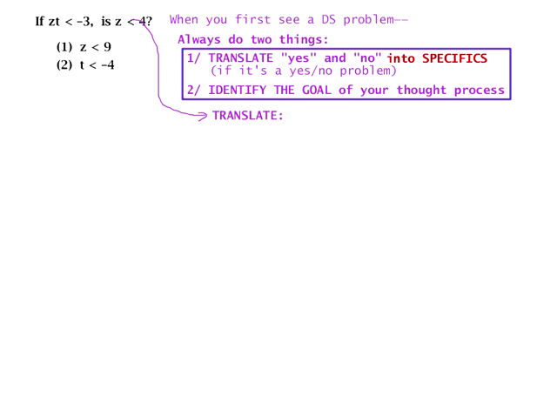And what does no mean? No does not mean that z is greater than 4. It means that it is greater than or equal to 4. There are problems where they will get you with that, so you need to be really careful. And then what is the goal here? Are you trying for sufficient, or are you trying for not sufficient?